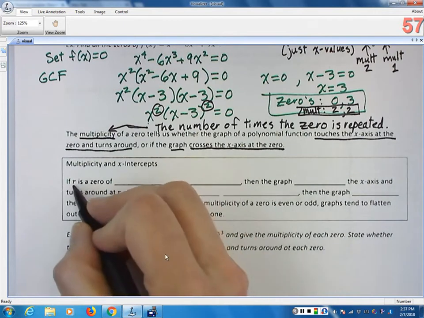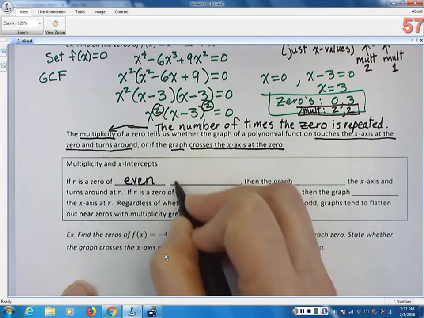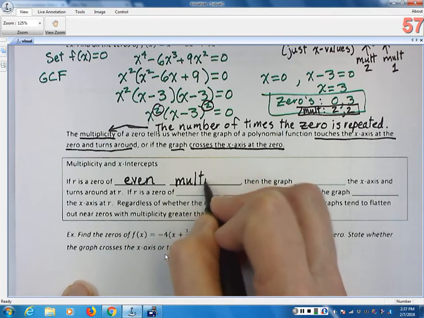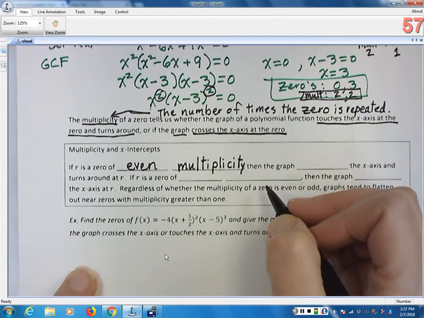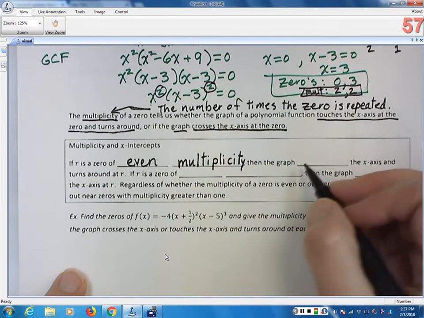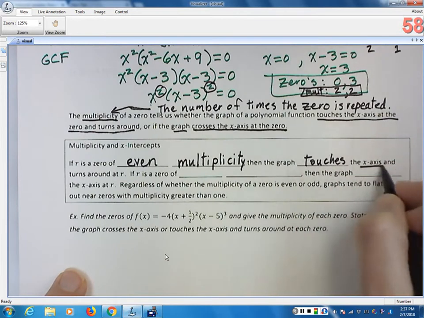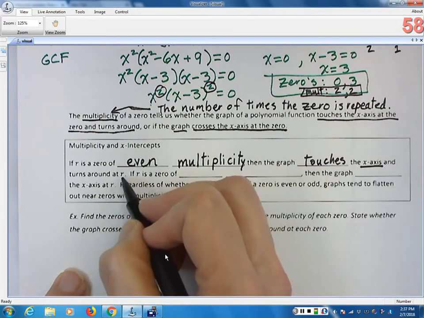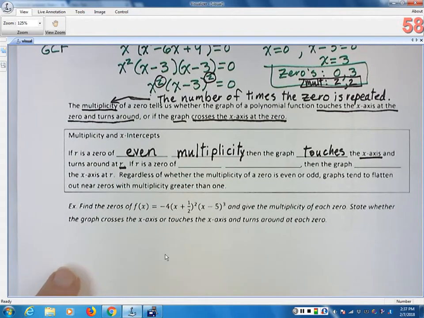So we're talking about if r is a 0 of even multiplicity, it's used an even number of times, then the graph touches the x-axis and turns around at r. We're saying, what does it do at that 0?